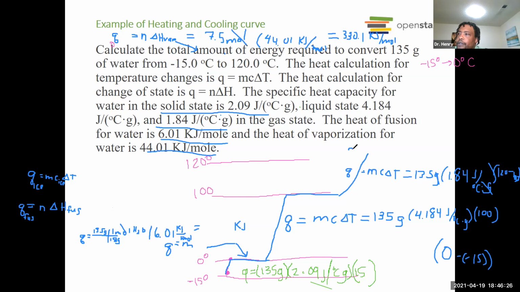So I have Q is going to be equal to 135 times 1.84 times 20. 4.97 kilojoules.